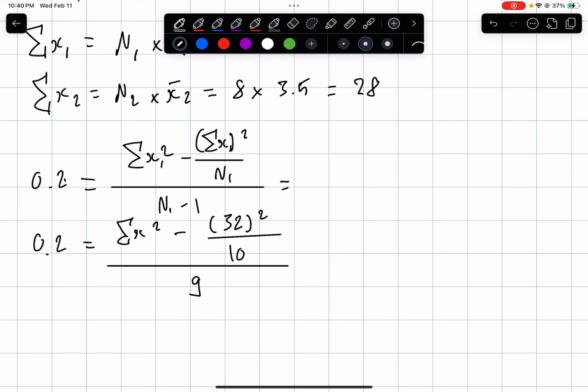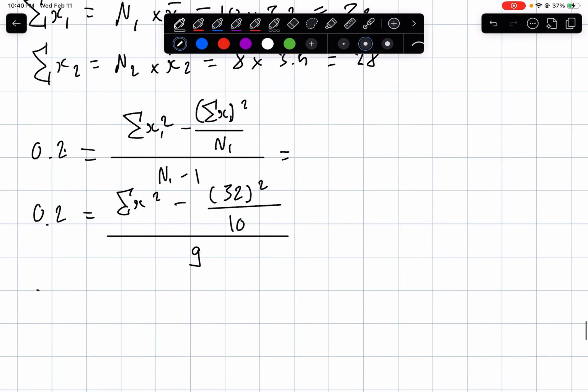So now to get rid of this denominator, we can just multiply it on the other side, which will equalize it. So 0.2 equals the sum of x squared minus 32 squared over 10, and make sure you add your times 9 here.